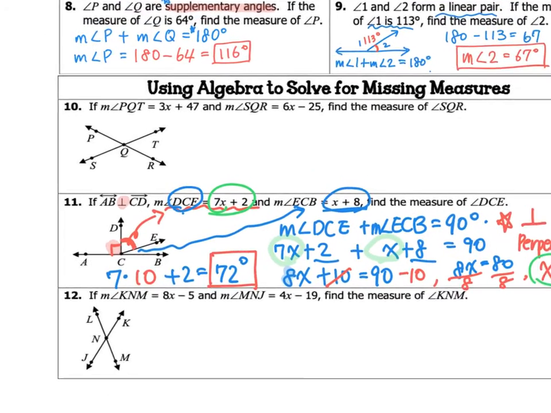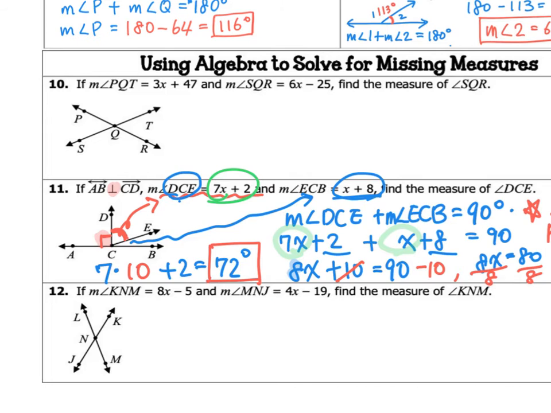It says if the measure of angle PQT, where is PQT, guys? PQT, which is this angle, is 3x plus 47. And the measure of SQR.